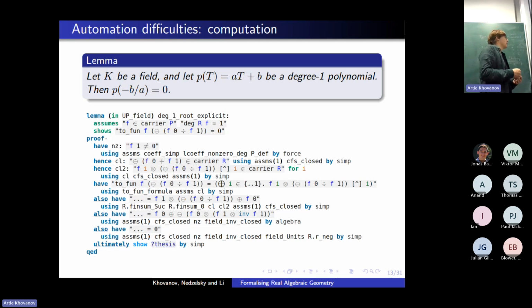And especially in the more type class-based system, I think there's more computational automation. But there's not that much purpose-built automation. There is some, like a ring distributive normal form simplifier. There's not that much automation that's specific to the whole algebra library. So we were relying primarily on Sledgehammer.